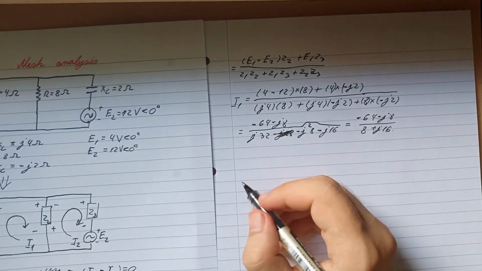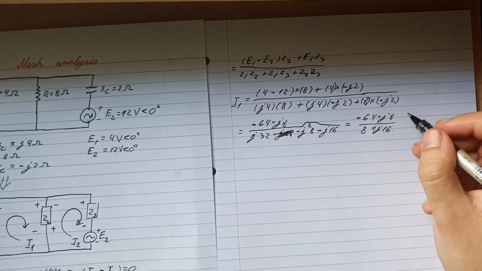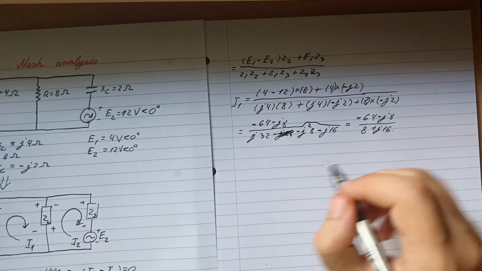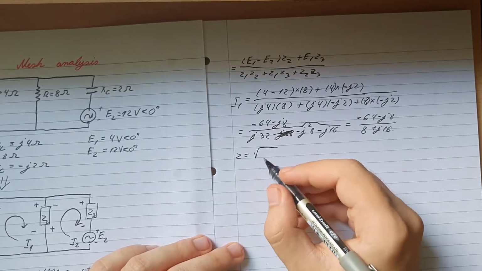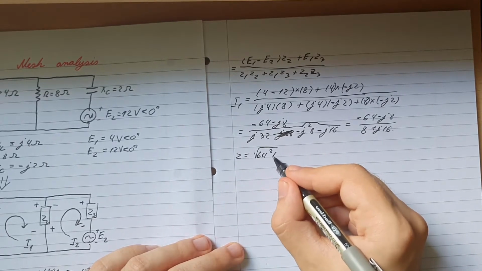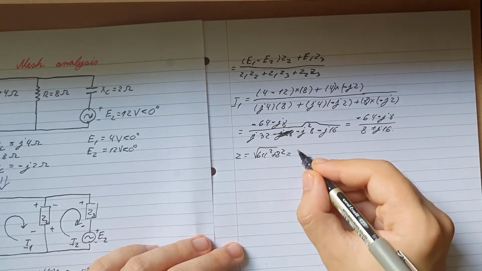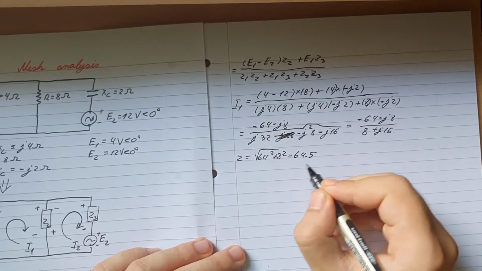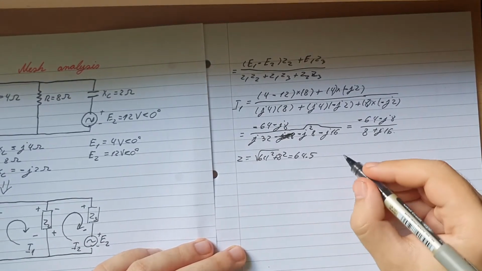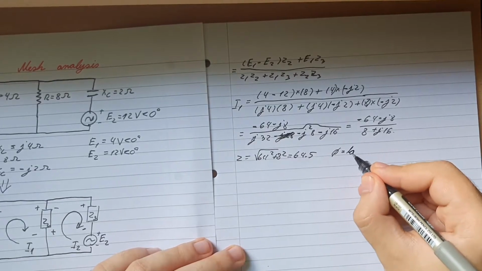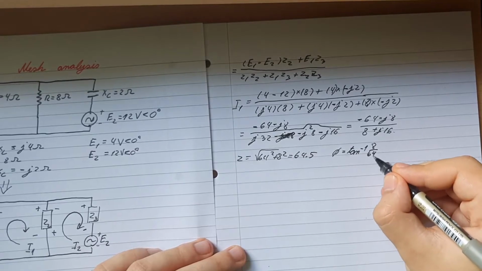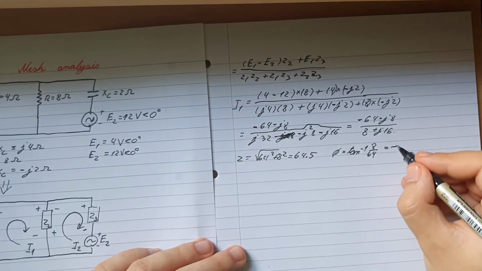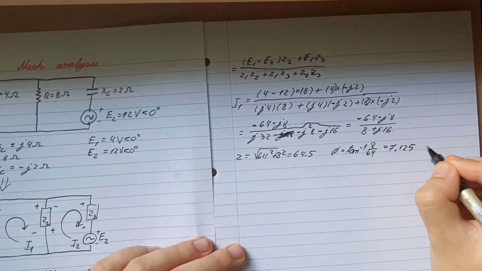Now we can divide this one, but because it's in rectangular form, we need to convert it to polar form. Z is equal to the square root of 64 squared plus 8 squared, which is 64.5. The angle is equal to tan inverse of 8 over 64, which is 7.125.